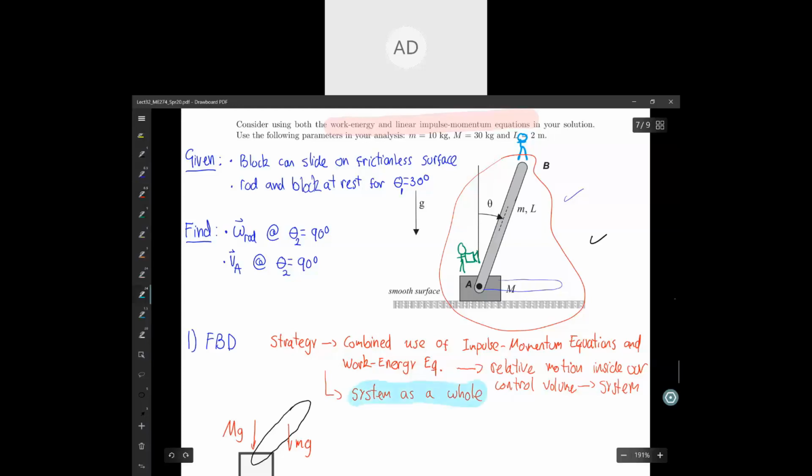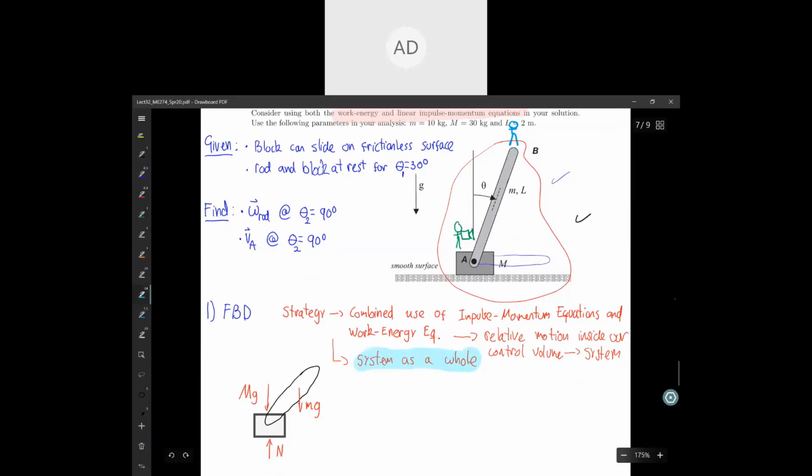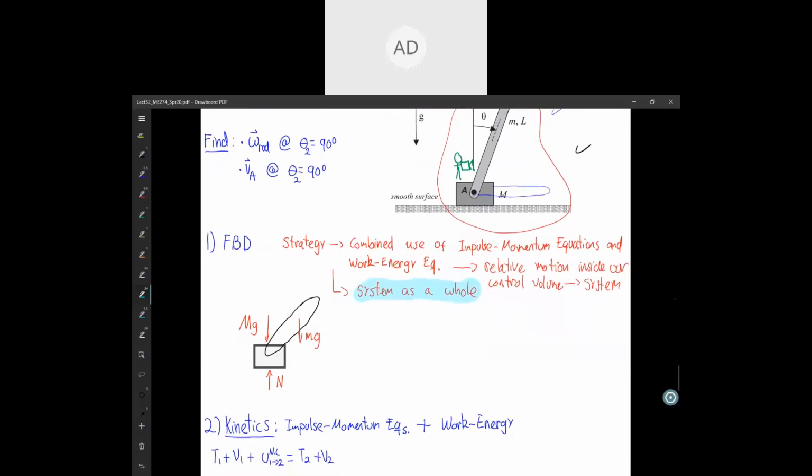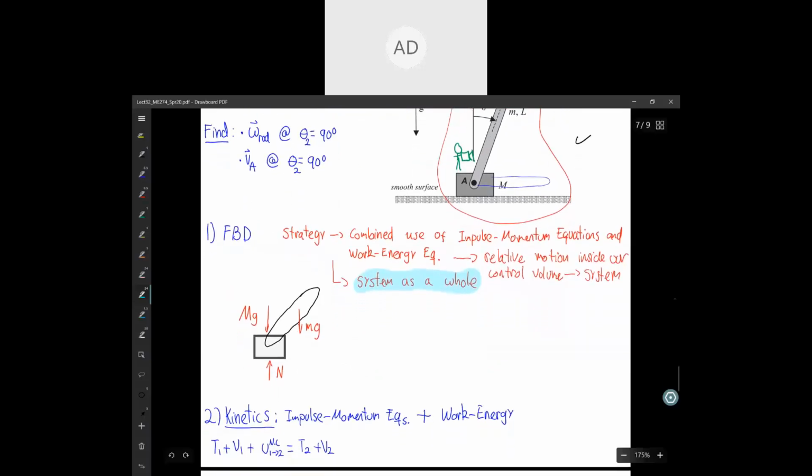To begin with. Now here is the free body diagram. The free body diagram is not too hard. We know that we need to use impulse momentum equations, and we can go and find each of the components here. I'm going to let you guys watch the video and do that.